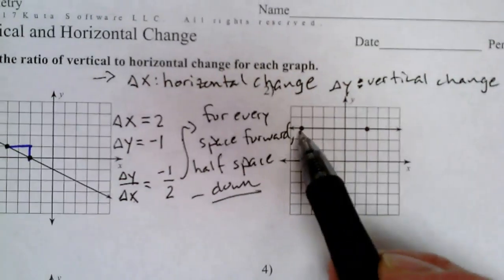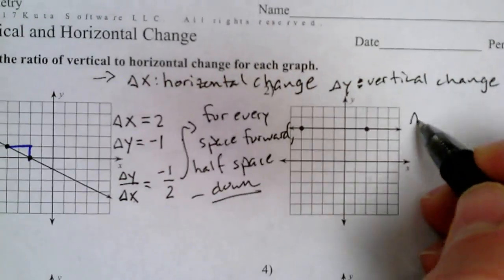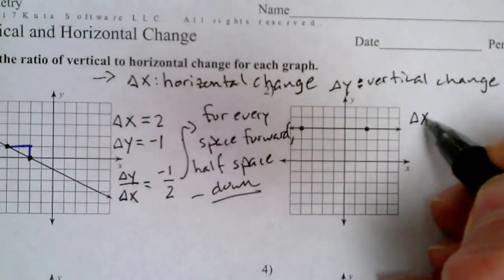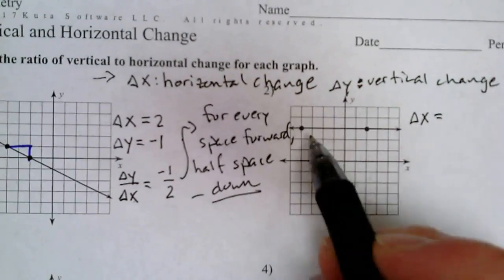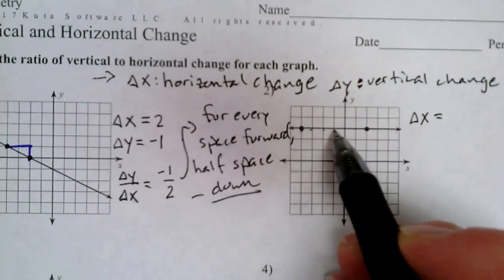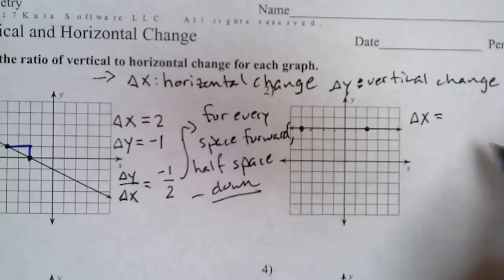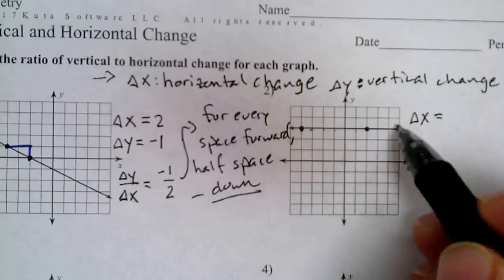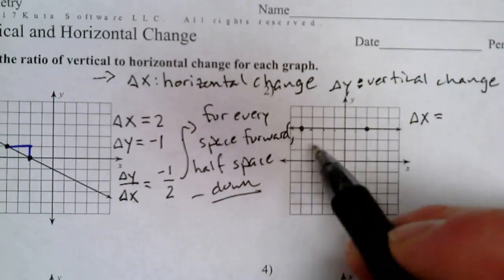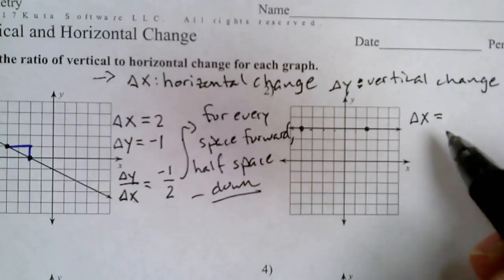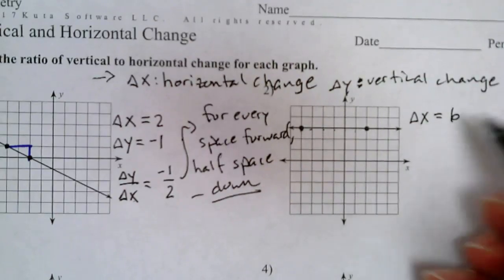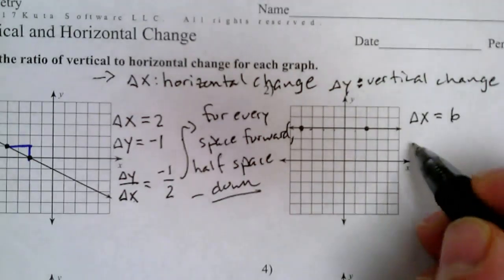All right, let's take a look at the next one here. From this point to this point, our horizontal change is 1, 2, 3, 4, 5, 6 spaces. And we're going forward. We're always going to count our horizontal change going forward, for now anyway. So that's 6.